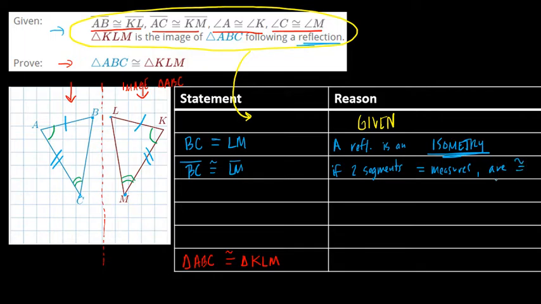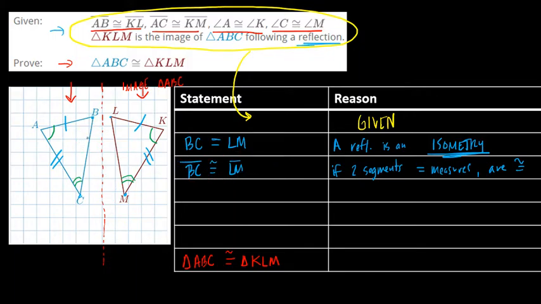And you can see I'm writing this shorthand. This is just to save time and space. When you do this on your own, please write full sentences, full explanations for everything. Okay. So again, because reflections are isometries, I was able to say that BC is equal to LM, and because they have equal measure, I'm able to claim that these two segments are congruent.